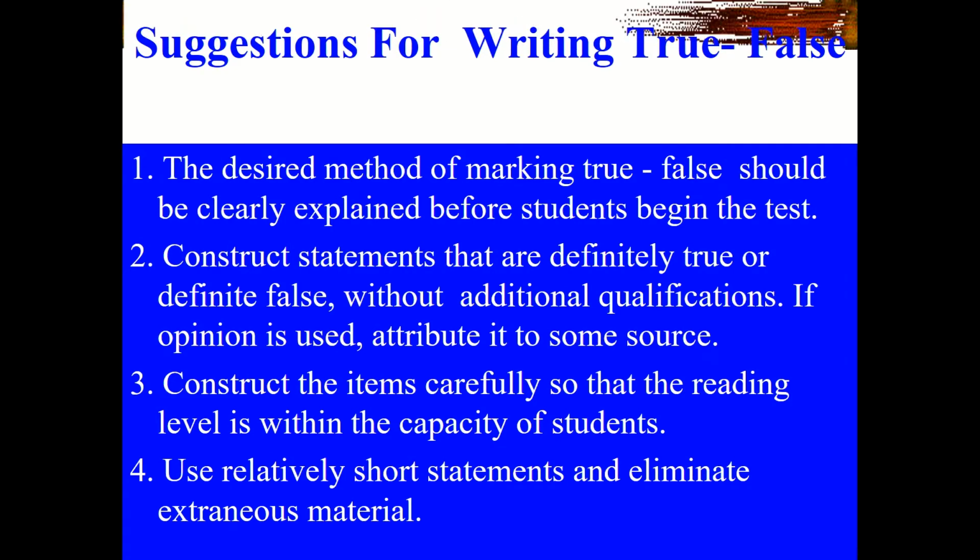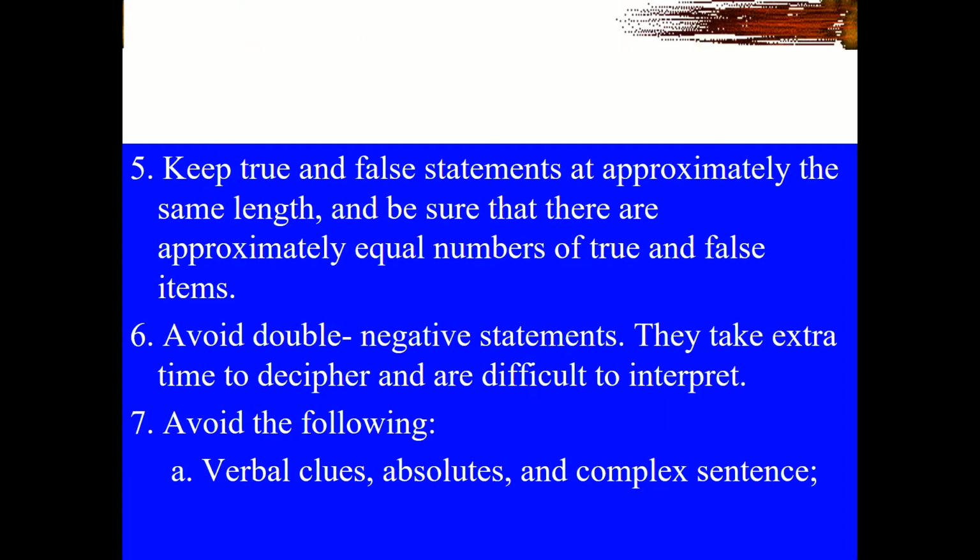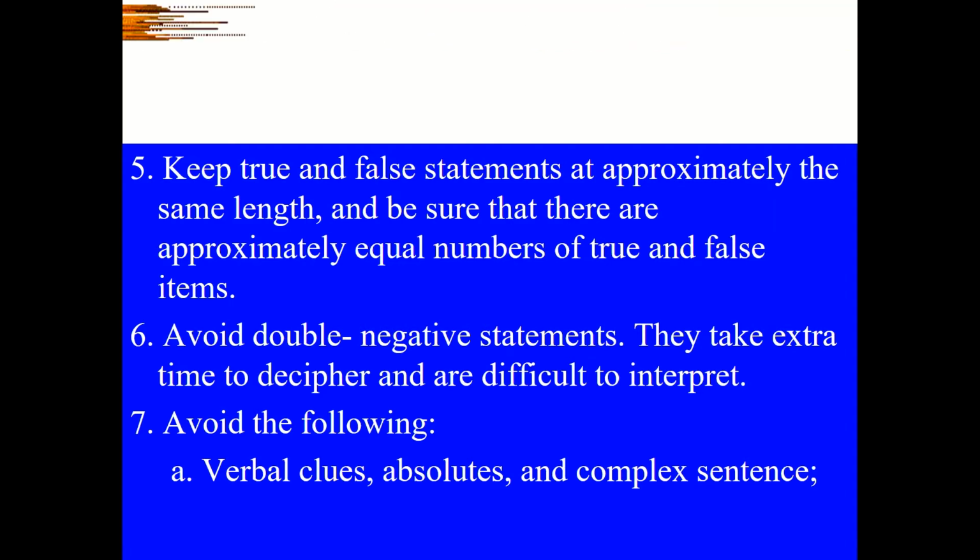Construct items carefully so that the reading level is within the capacity of the students. I guess this is true of all types of objective tests. Use relatively short statements and eliminate extraneous material. So make it a simple sentence as much as possible. All true or false test items must be of equal length.